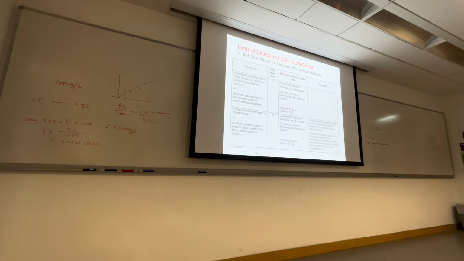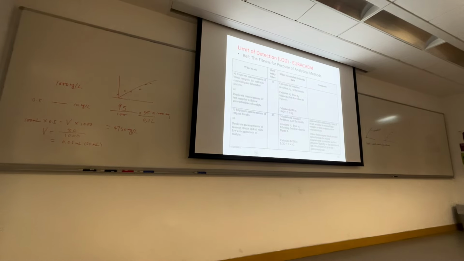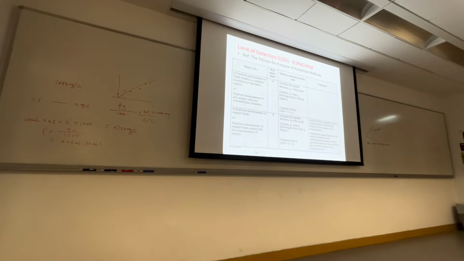For the B case, replicate measurement of reagent blank. Reagent blank here is the process blank. Or replicate measurement of reagent blank spiked with low concentration of analyte. We adopt the B approach only when it is impossible to obtain a blank sample, or all the samples are positive with high concentration of your analyte.